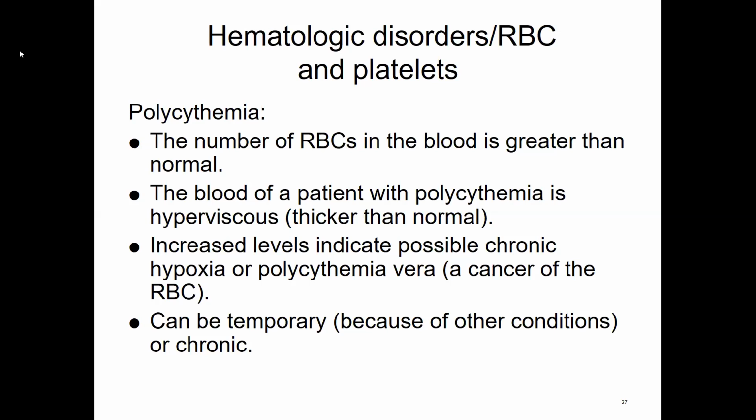Polycythemia: poly means many, so you have too many red blood cells, greater than normal. The blood of a patient with polycythemia is hyperviscous, so it's thicker than normal. Increased levels can indicate possible chronic hypoxia or polycythemia vera, which is a cancer of the red blood cells. It can be temporary or chronic.